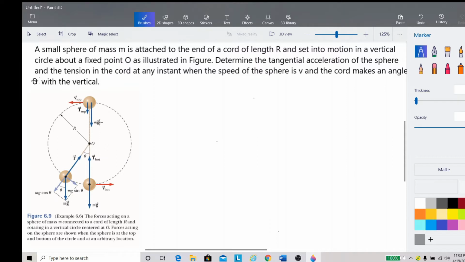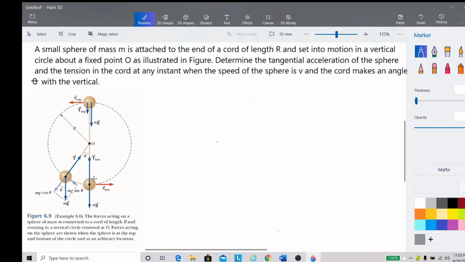So we have here the illustration. For example, this is the center of this circle. There is a sphere initially at the bottom that is attached to a cord of radius r.